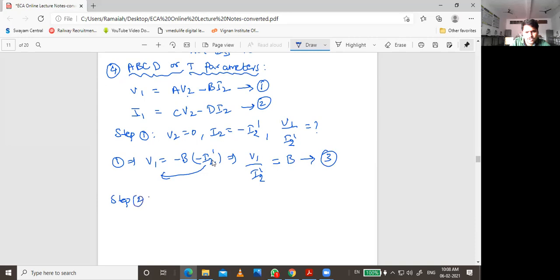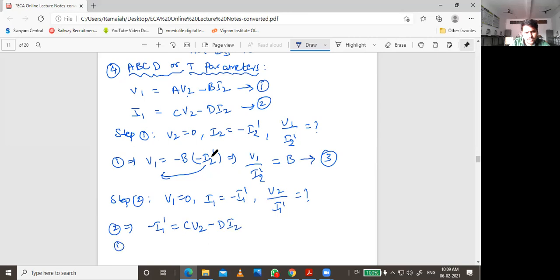Step 2 is V1 equal to 0 and I1 equal to minus I1 dash, and we have to find V2 by I1 dash. So let us use equation number 2: I1 is equal to minus I1 dash, which is equal to CV2 minus DI2.